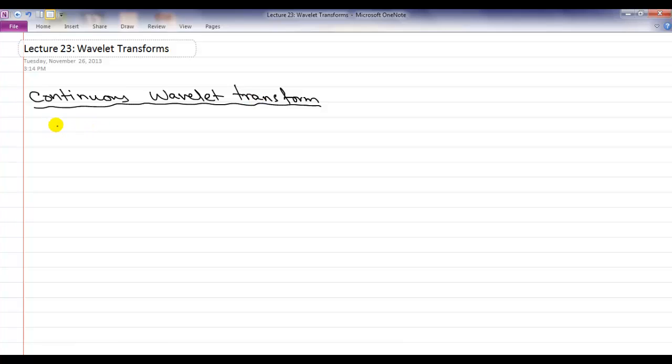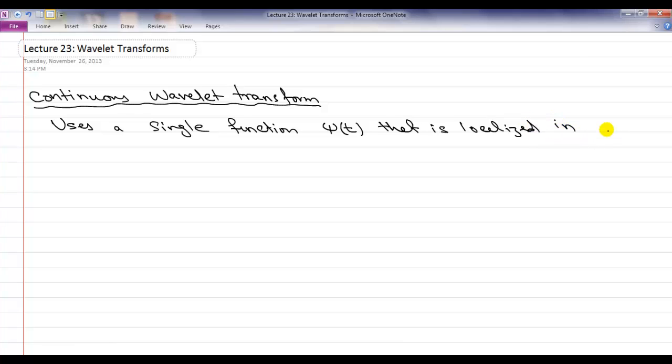So the idea is that it uses a single function, which we will call psi of t, that is localized in both time and frequency.